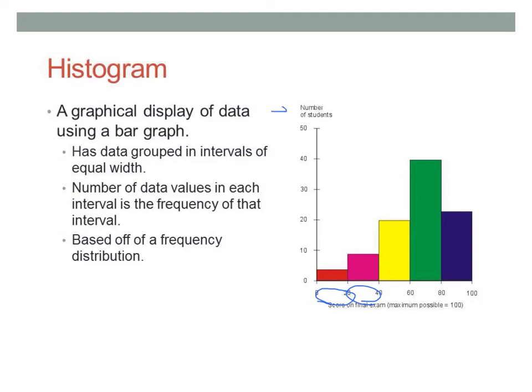So this is labeled number of students, but that is how many students got that score. So a score between 0 and 20, that's how many students scored that number. And so the bars need to touch, okay? And this is based off of a frequency distribution. And so the first thing you might do when you do a histogram is actually make a frequency distribution.